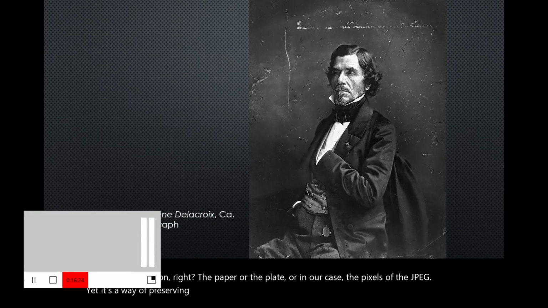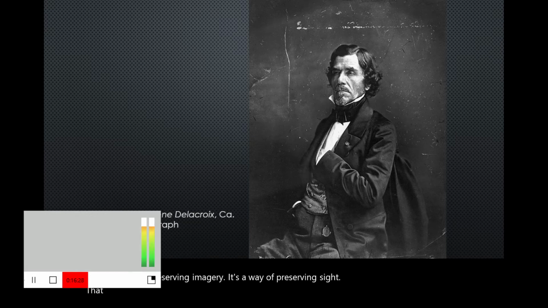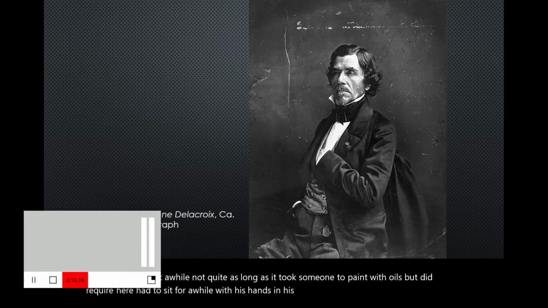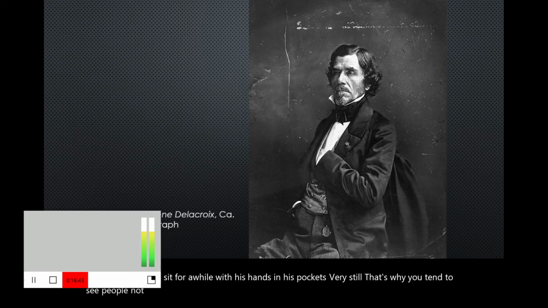It's a way of preserving sight that, at least at first, took a while, not quite as long as it took someone to paint with oils, but Delacroix here had to sit for a while with his hands in his pockets, very still. That's why you tend to see people not smiling. They also invented back braces to hold people up during the long exposure times.